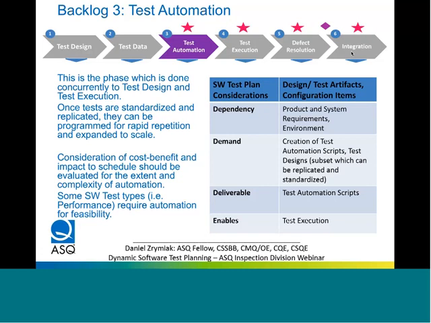If you have capacity, if you have more people than there are tests to perform, then you can go back to the earlier phases and have your team members prepare more test designs, enhance the test data, or expand the test automation.